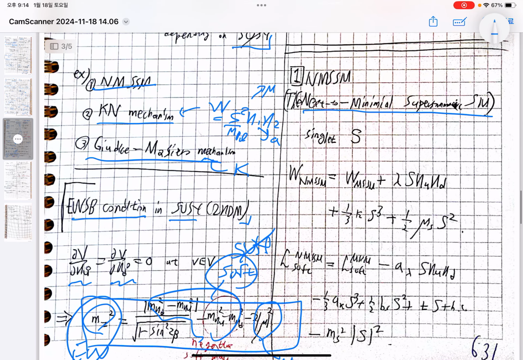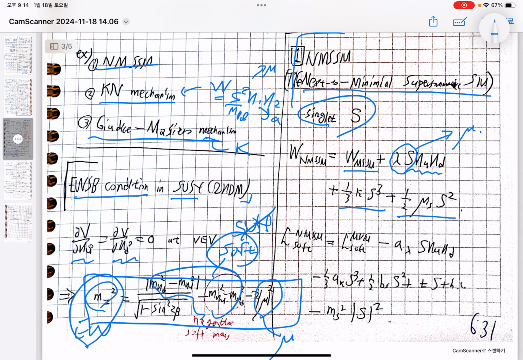The first solution of such a problem is the NMSSM, where we can add the singlet field S. So here is the superpotential in the minimal supersymmetric standard model, and we can add the singlet field coupling S H_u H_d. So the lambda S gives the mu term, the effective mu term, naturally, and there will be the S linear coupling term and the quadratic coupling term.